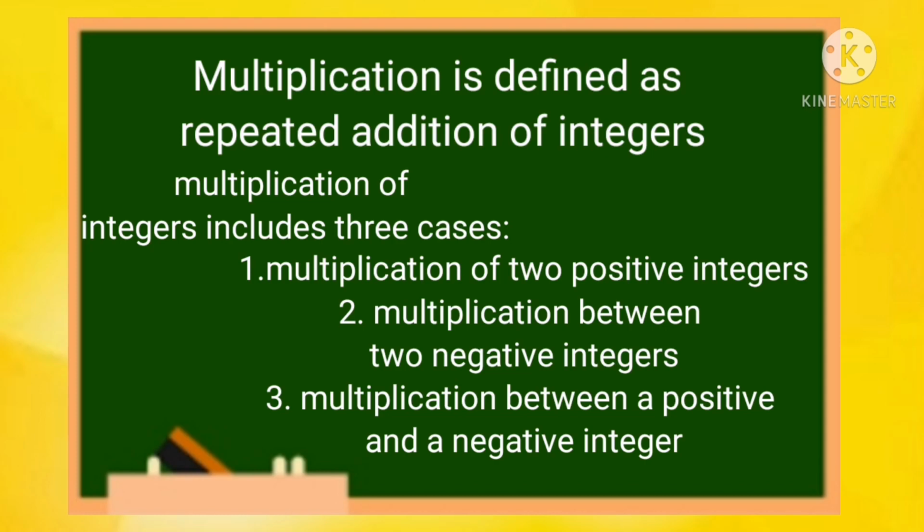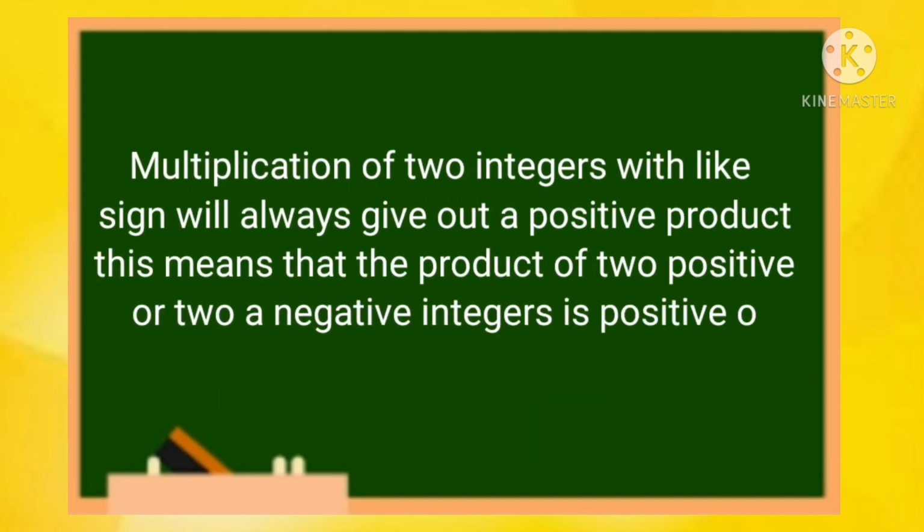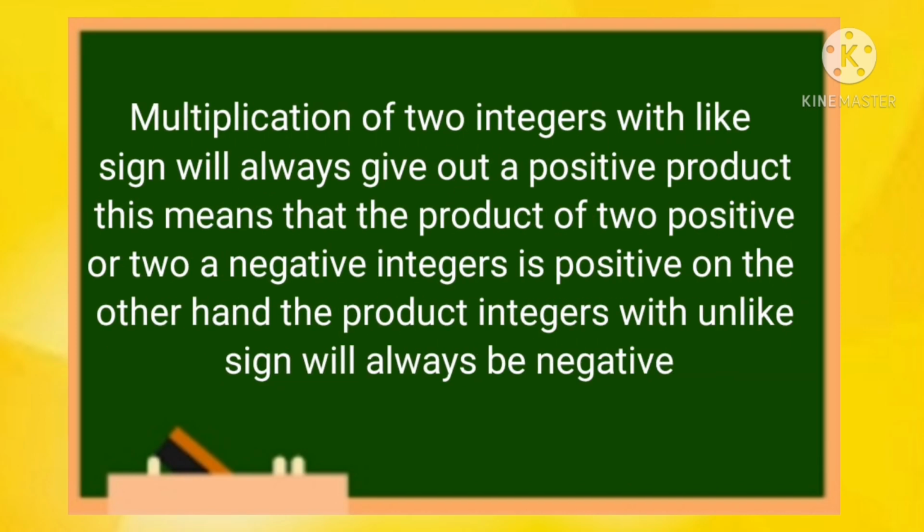And the third is multiplication of a positive and a negative integer. Multiplication of two integers with like signs will always give a positive product. This means that the product of two positives or two negatives is positive. On the other hand, the product of integers with unlike signs will always be negative.